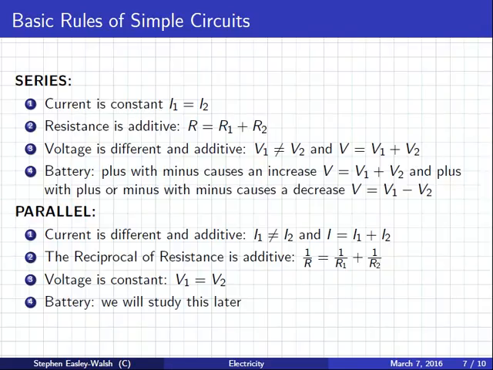But why is there a difference between series and parallel when it comes to current being different or constant? Why is the current constant in series but not in parallel?